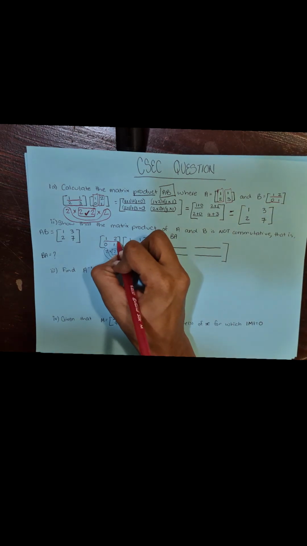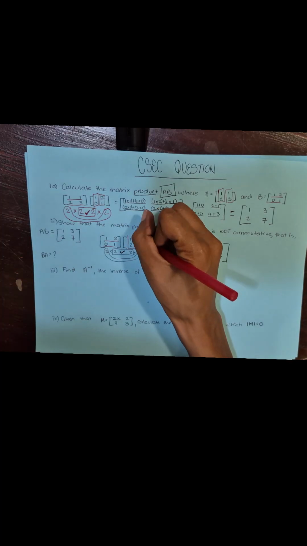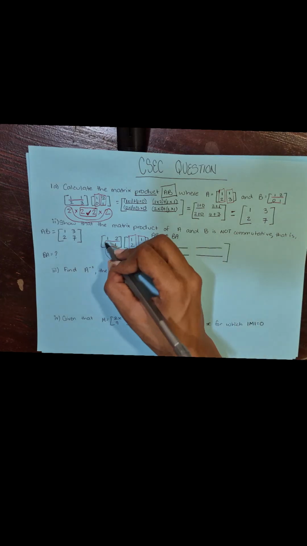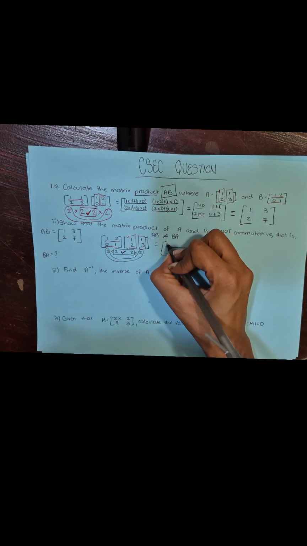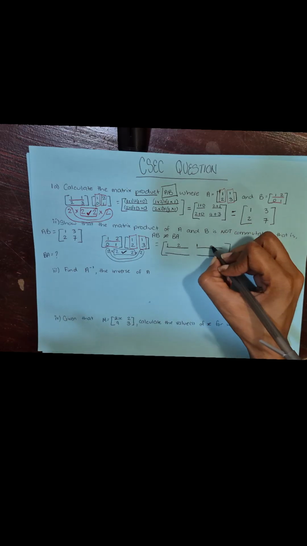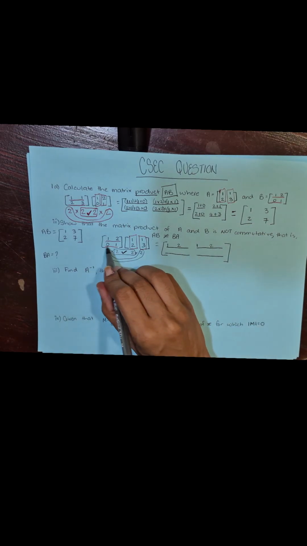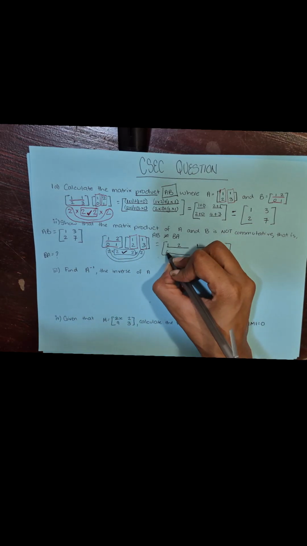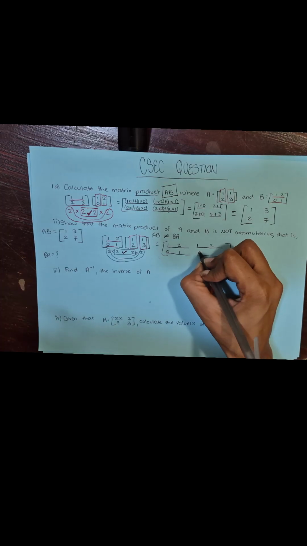Now, remember you're doing the rows of the first one by the columns of the second one. So let's do the rows. On my first row, I should have 1 and 2. On my second row down here, I should have 0 and 1.